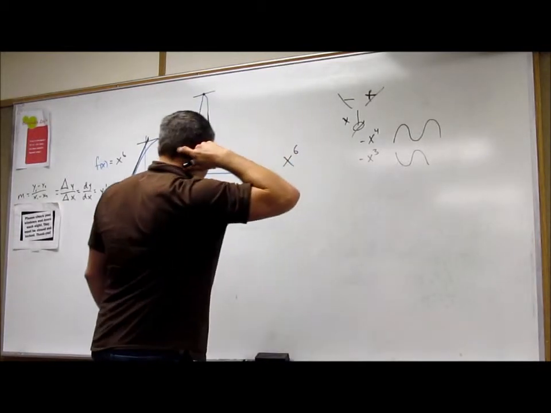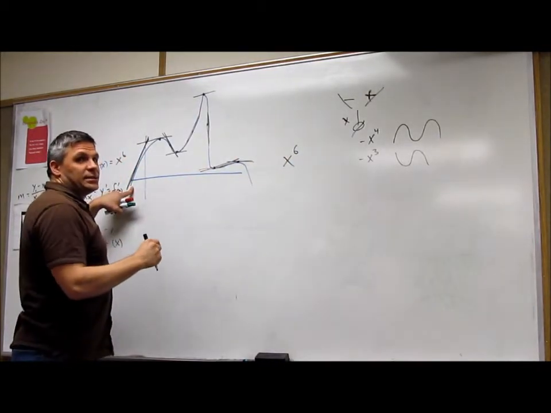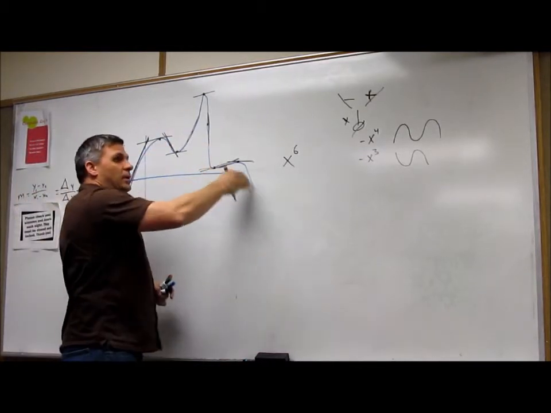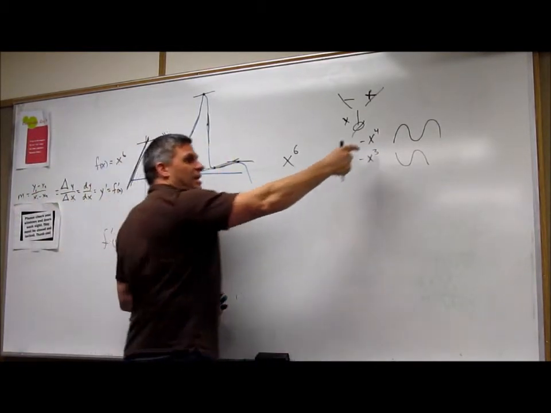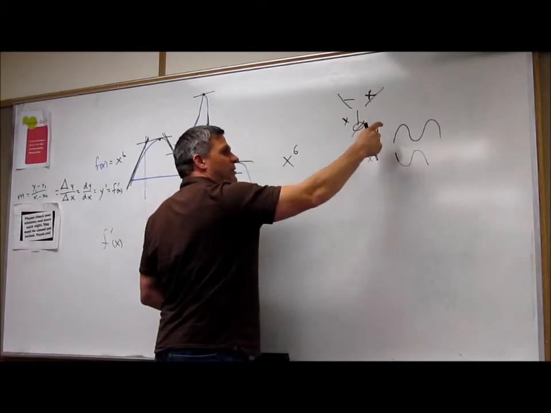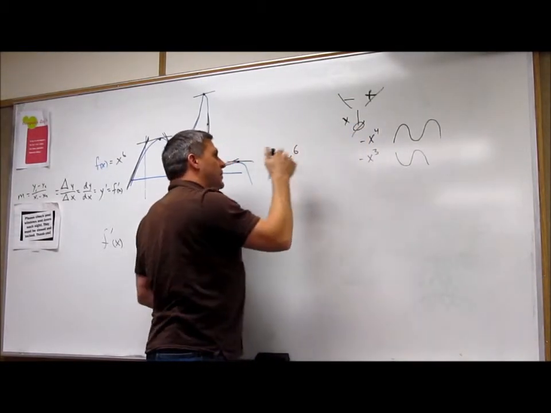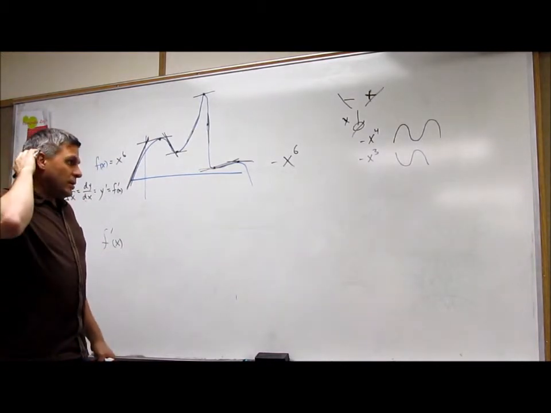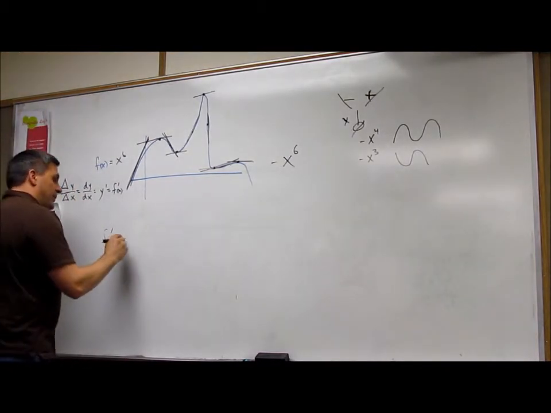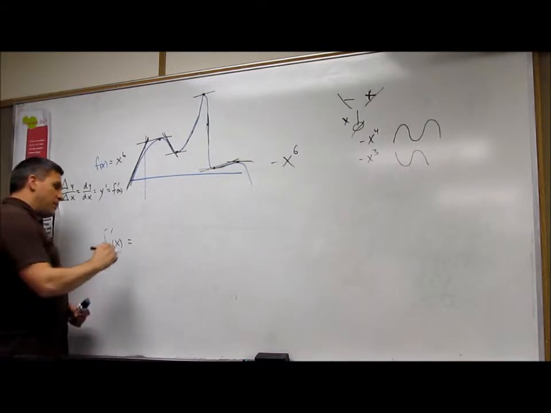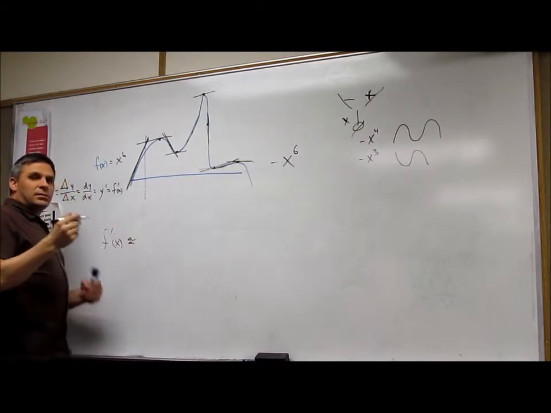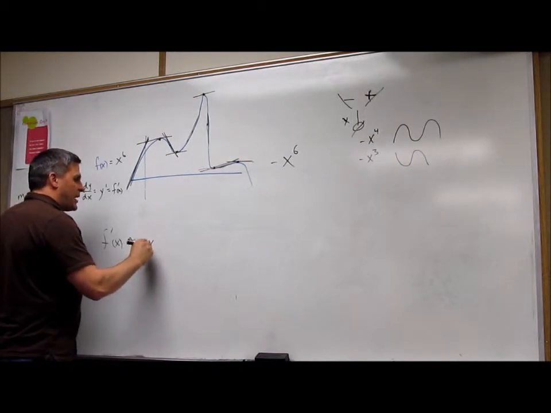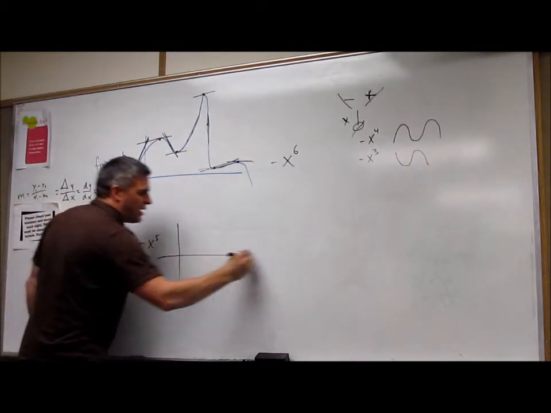So what's this one looking like? It's x to the 6th, and it's ending up frowning. It's even started out frowning, ended up frowning. So it must be negative also. So its derivative is going to be approximately a negative x to the 5th type of thing.